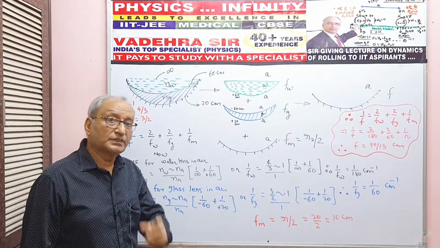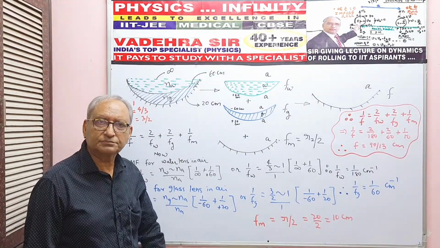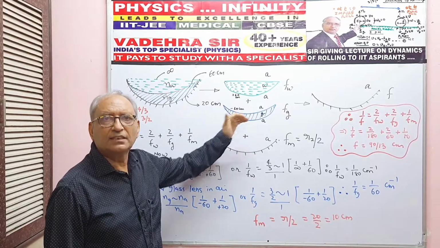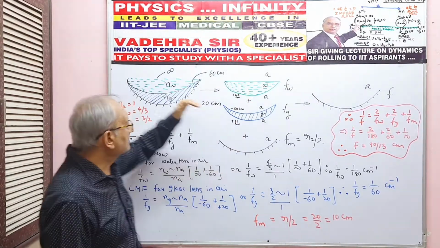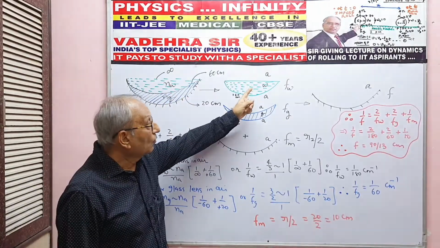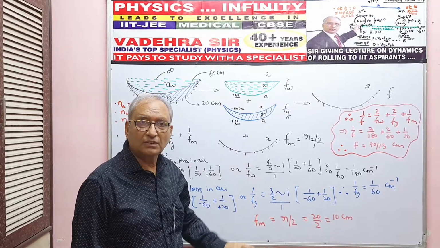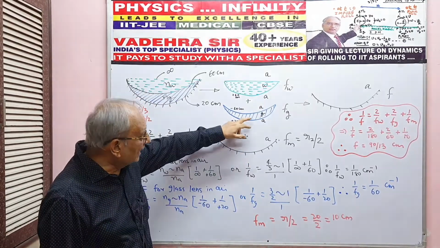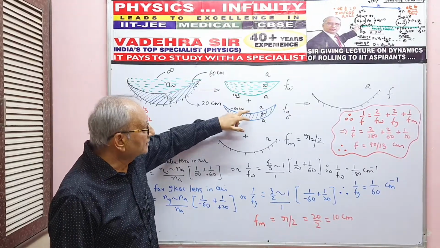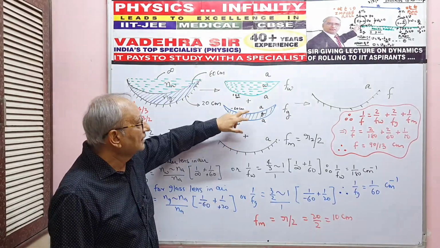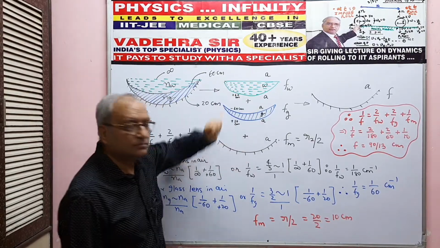Now, to tackle this problem, I break up this system as 3 optical devices, as if I separate them. Number 1, water lens in air, in contact with the glass lens. This is of course plano-convex. This is a concavo-convex. Number 2, glass lens in air: air, glass, air.